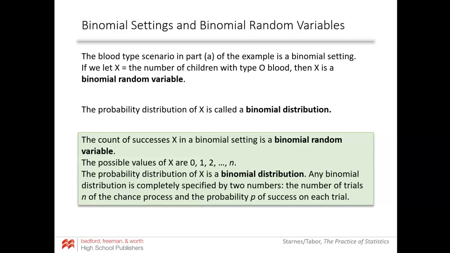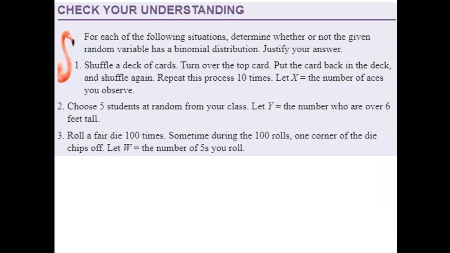Any binomial distribution is completely specified by two numbers, the number of trials, which we call n, and the probability p of success. So as long as you know the number of trials and probability p, that's how we're going to be calculating the binomial probabilities and eventually the distributions.